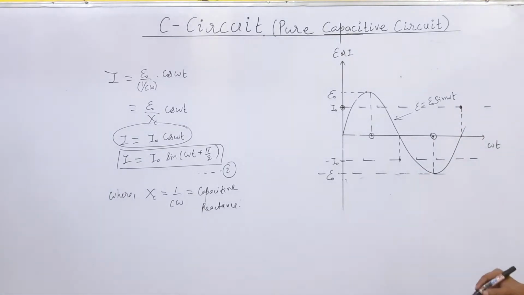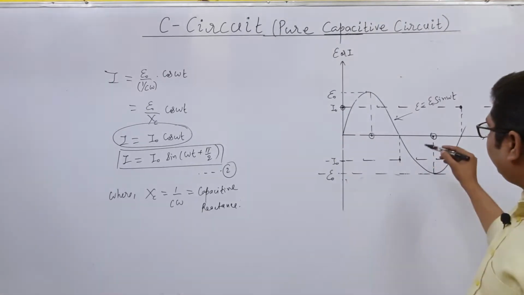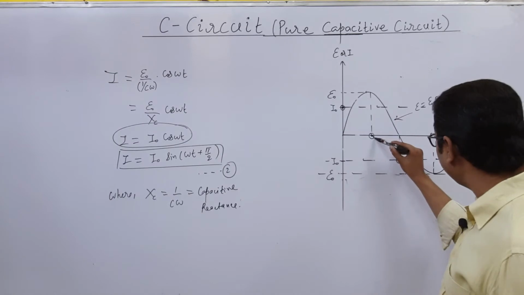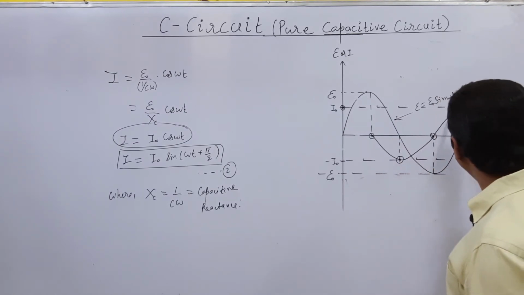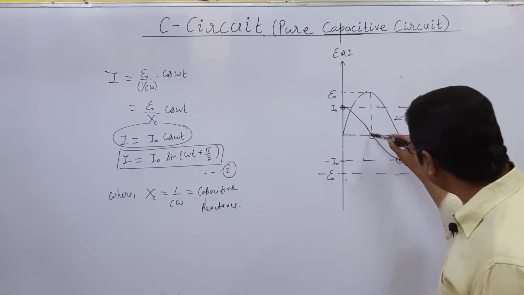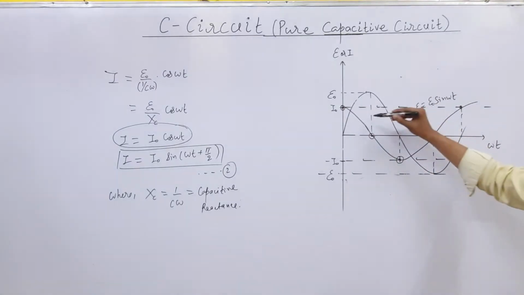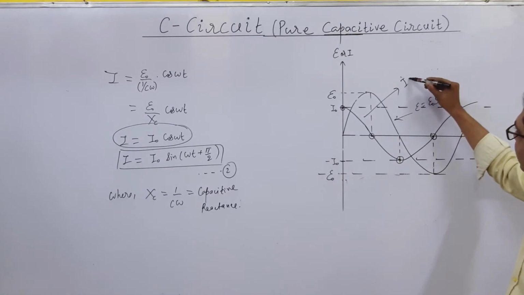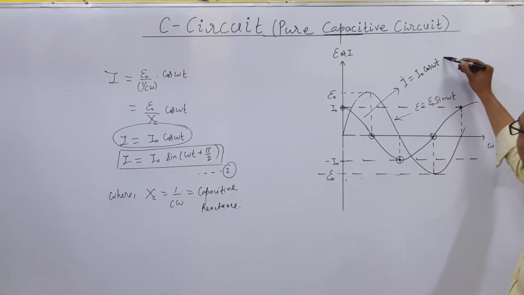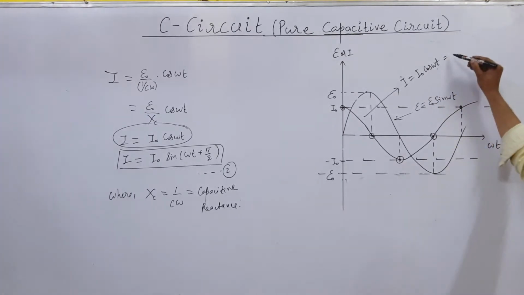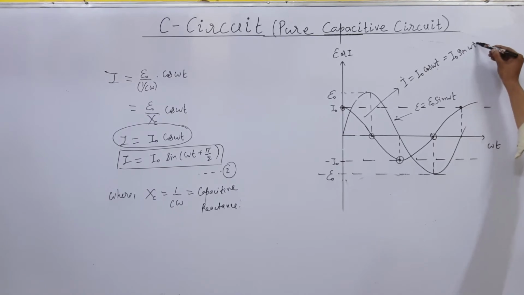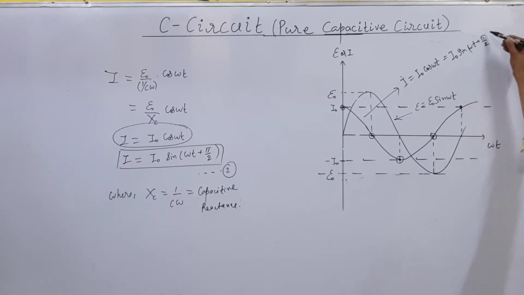Now join these points with a freehand diagram. When you join it, this will be joined, and this will be joined here with a loop. So this line indicates I equals I naught cos omega t, which can also be written as I naught sin(omega t plus pi by 2).